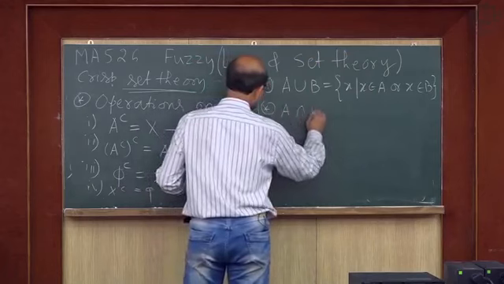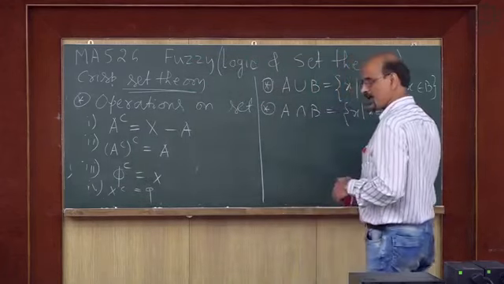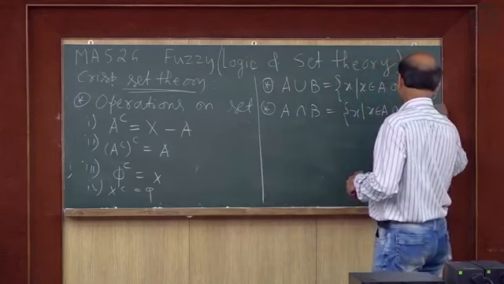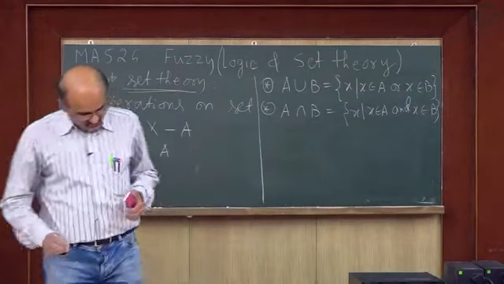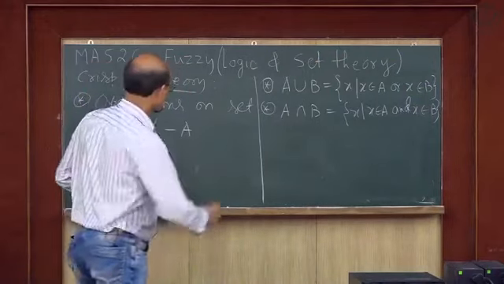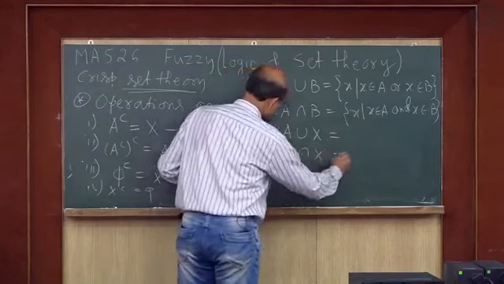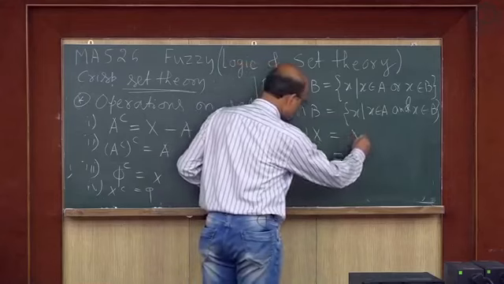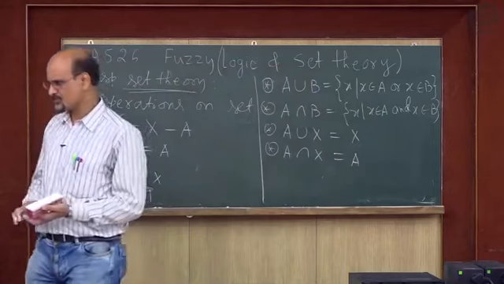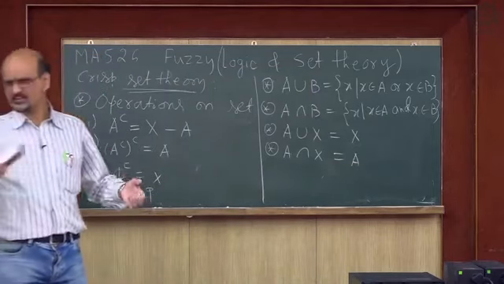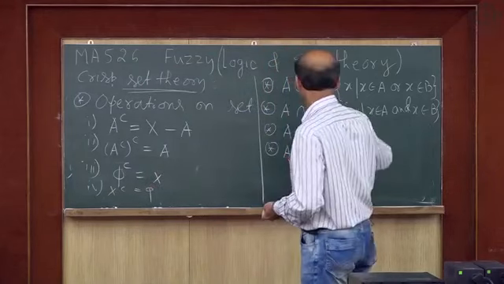A intersection B is X such that X belongs to A and belongs to B. Now, what is A union X and A intersection X? A union X is X. There are other very simple properties, I am not going into that. A intersection A complement is phi.